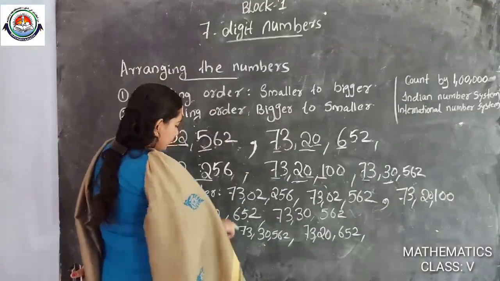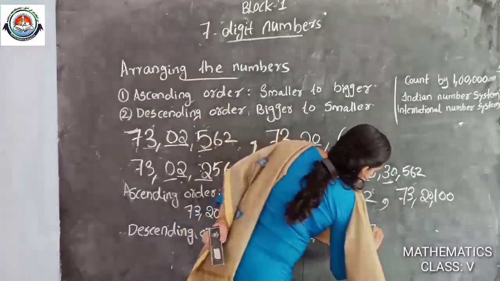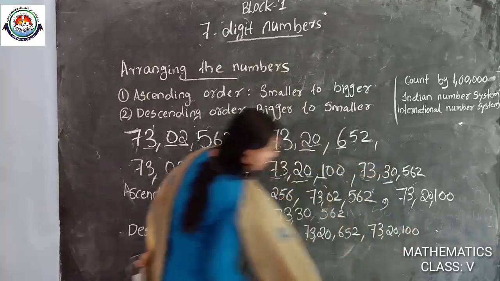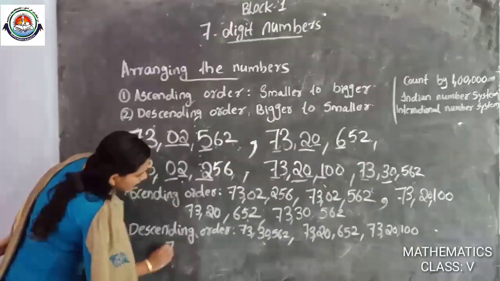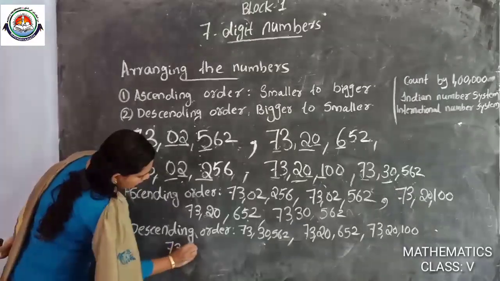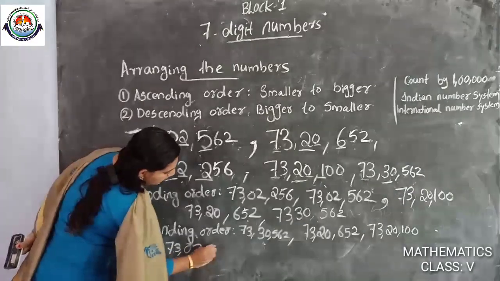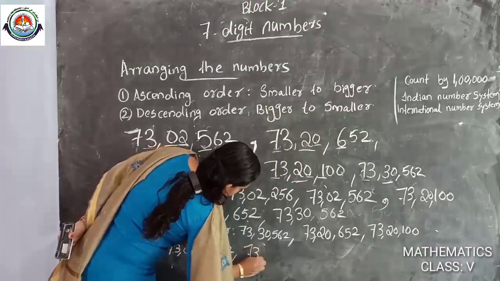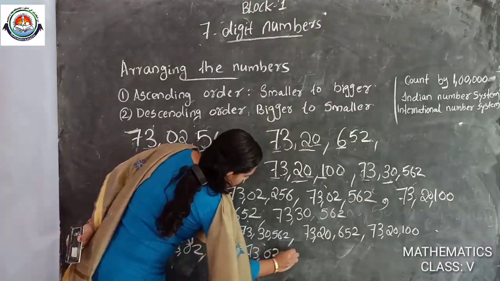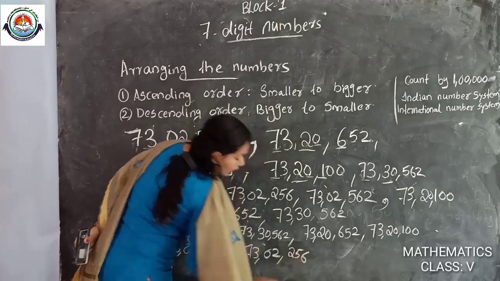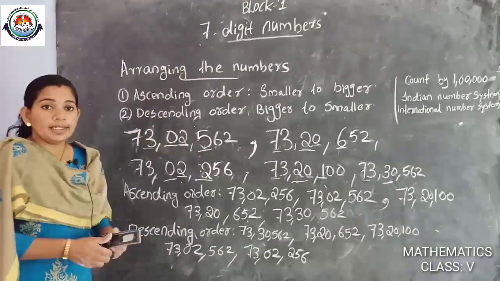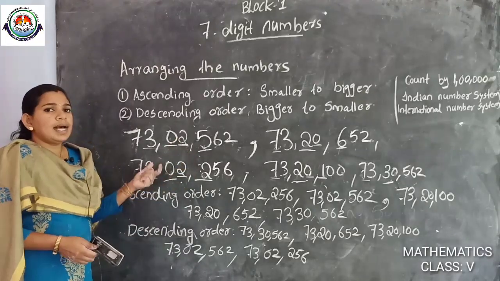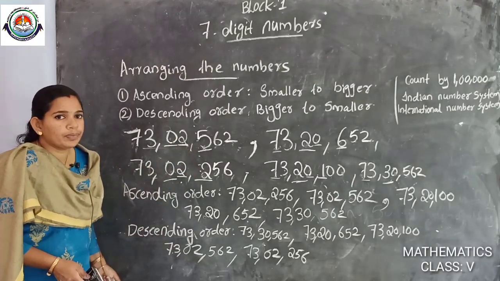Next, 73 lakh 20,100. Then 73 lakh 2,562. The smallest number is 73 lakh 2,256. Okay, all of you got this answer. Now, does anyone have a doubt about arranging numbers in ascending and descending order?